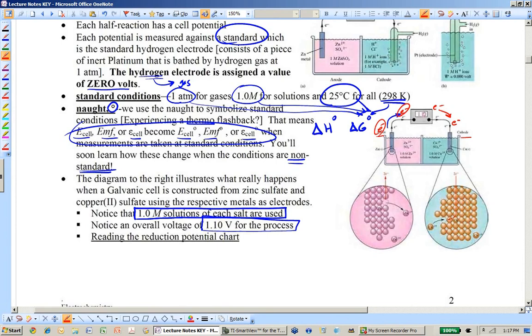Meanwhile, as each electron pair is leaving the zinc, it's moving over here, being conducted down this piece of metal into this solution, where those copper 2+ ions are. Remember, this is 1.0 molar copper 2 ion, and this is 1.0 molar zinc 2 ion. So incoming electron, atom.